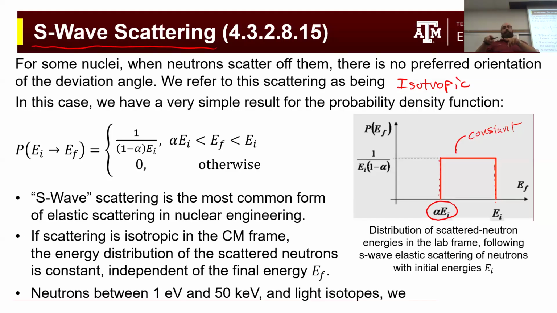Like all of those nuclei that we were just looking at for neutrons between like less than 50 keV, they were basically S-wave scatterers. And for light isotopes like hydrogen, oxygen, carbon, it's also pretty much always going to be S-wave scattering, certainly in the slowing down range. So within this energy range, and especially for light nuclei, we mostly see S-wave scattering.